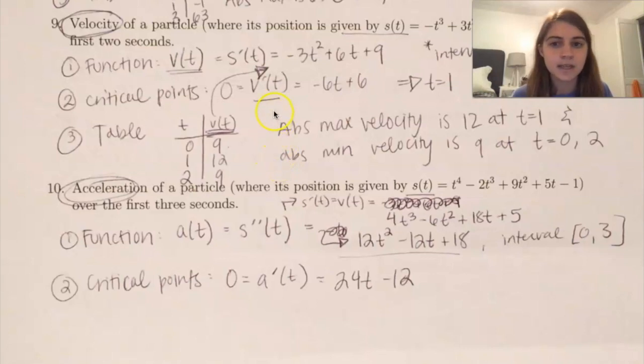For the velocity problem we just did, it can be easy to get tripped up, at least for me. I write v prime of t and then I want to write acceleration, but in problem number 9, there's no reason to write acceleration because that would just confuse me. If I leave it as v prime of t, then I know I'm taking the derivative of the function I just located.